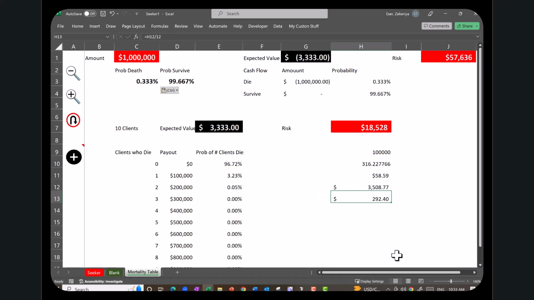A 40-year-old will pay less than $200. Again, that has to do with the ratio of the death probabilities. When we do this for a term policy, we're going to have to figure out exactly when the death happens. So it's a little bit more complicated, so I'm going to do that on Tuesday.